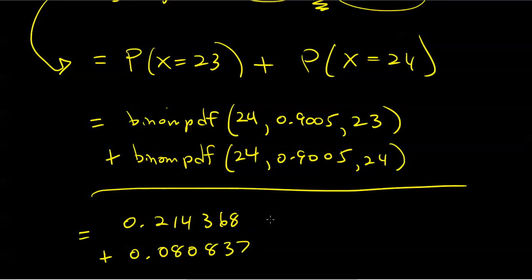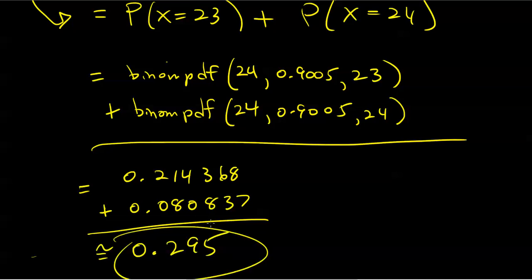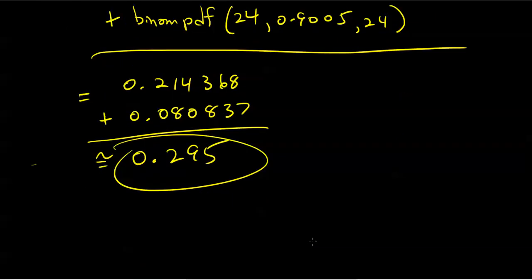And the probability of 24 successes in 24 trials will then be 0.080837. And if I add these up, and I'm going to round off to 2 decimal places, I get a probability of 0.295. So with this given information, the probability of not enough seats is then 0.295 in this case. Okay.